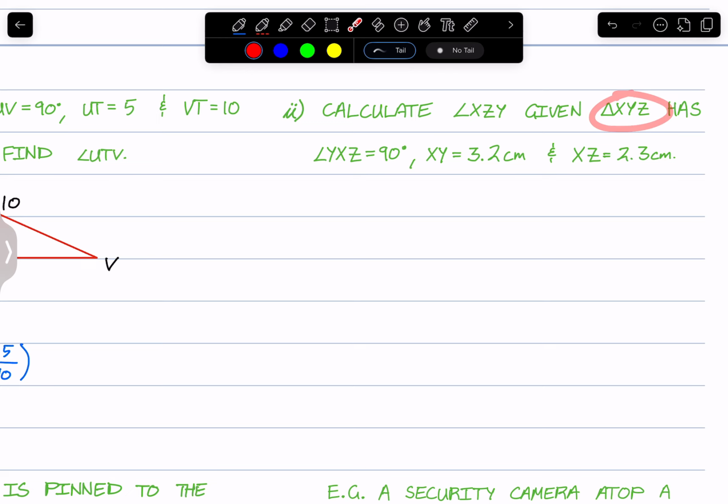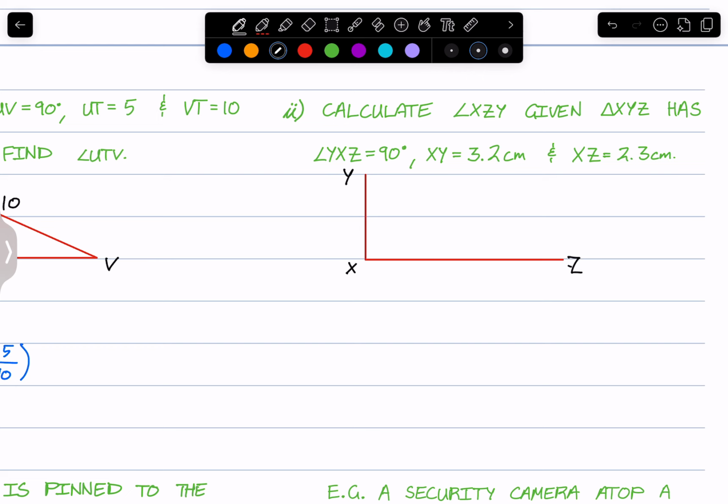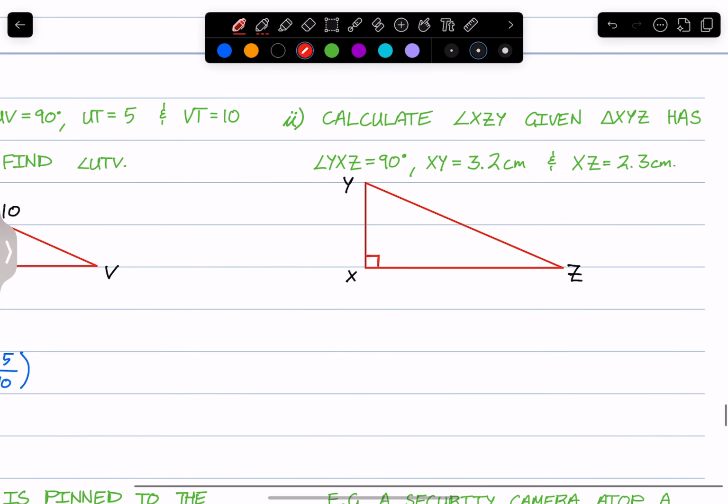We have a triangle XYZ, but we're being told specifically that angle YXZ is 90 degrees. Let's draw that exactly. Y, X and Z. So we're saying that's Y, X, Z. We're being told that that is 90 degrees. And once again, let's close that in because we know it's going to be a right angle triangle.